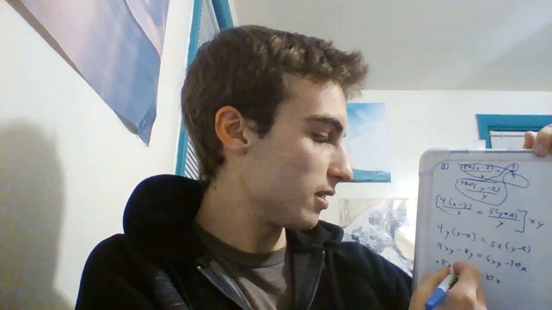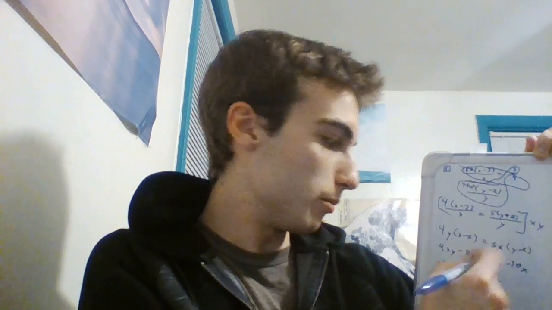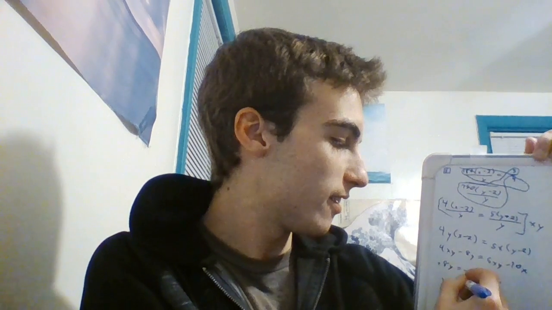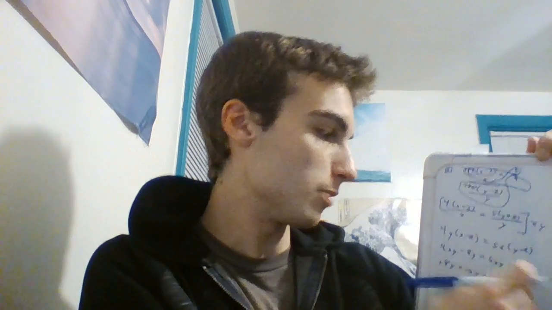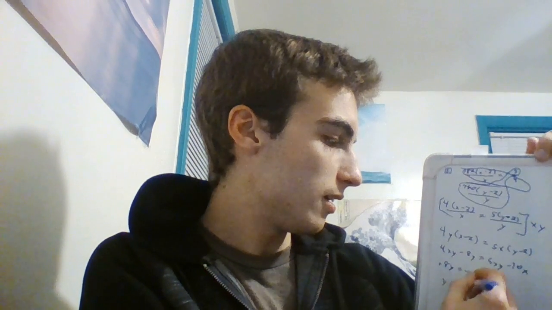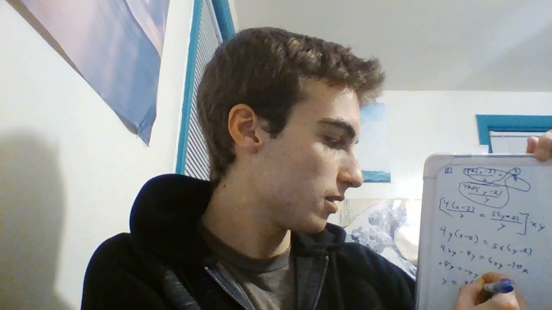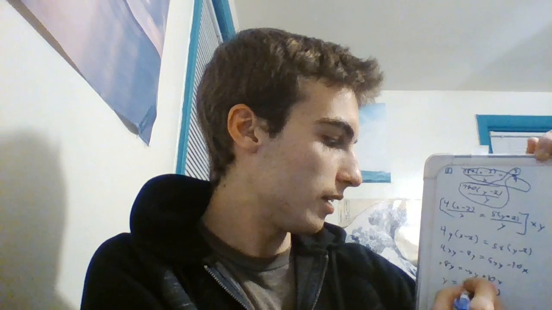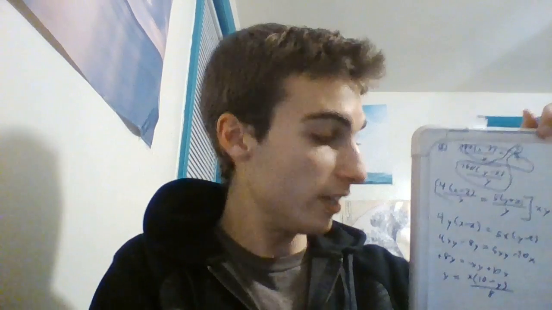If we make this positive 8y, we'd switch these signs. And let's divide everything by 8, so it's solved for y, at least on one side. These both have an x term, so I'm just going to pull that out: x times 10 minus y, because we pulled that x out, all over 8. That's a kind of nicer form for that.